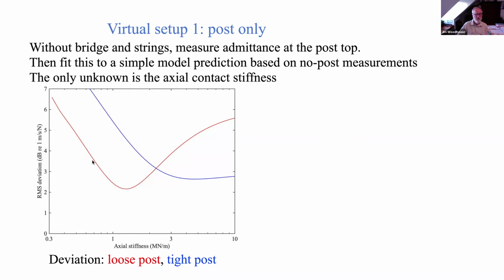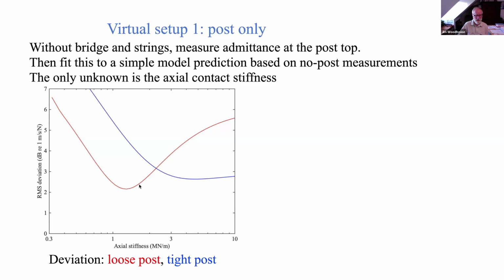And in each case, I compute the admittance at the post top, and I compare that with the measurement that I did before I took the post out. And this is the RMS difference in dBs between those as a function of the post stiffness.